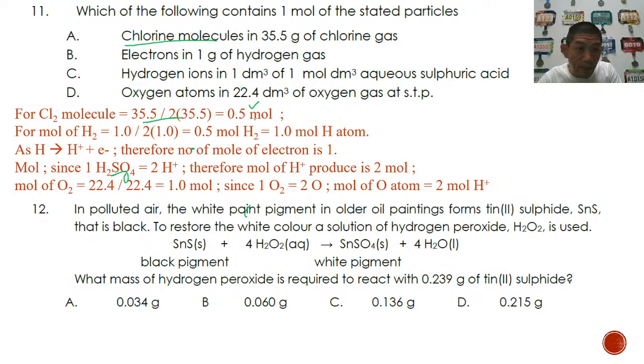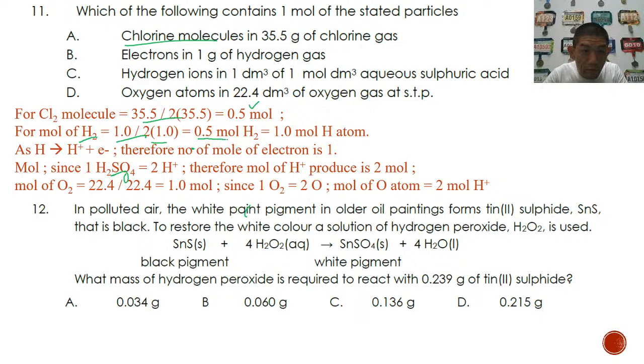And then B, electrons in 1 gram of hydrogen gas. Hydrogen also exists naturally as a diatomic molecule. So the mole of hydrogen is 1.0 divided by 2 times 1, so you get 0.5.